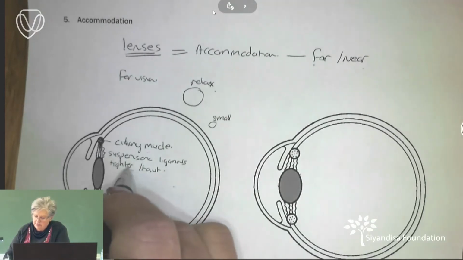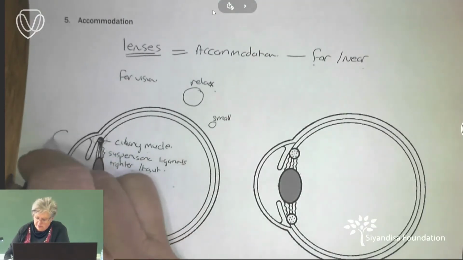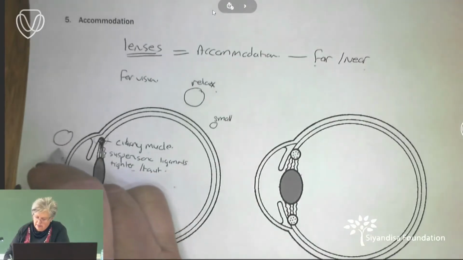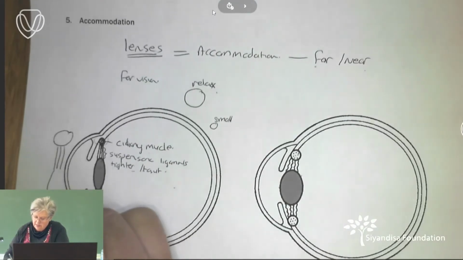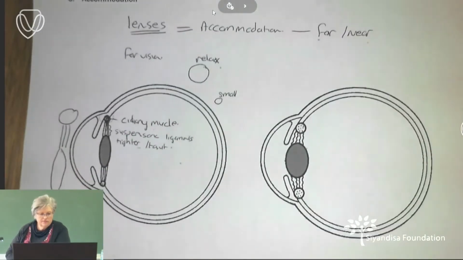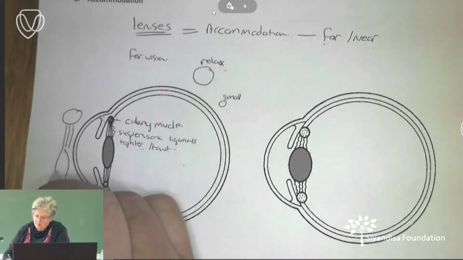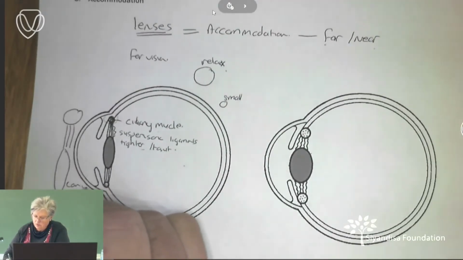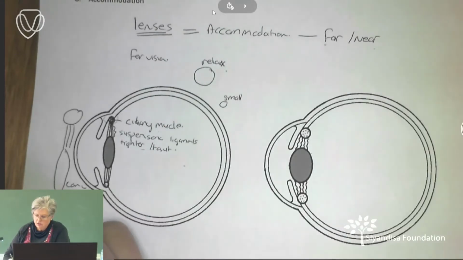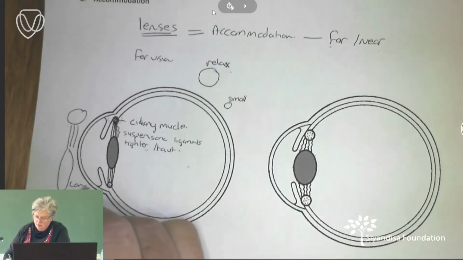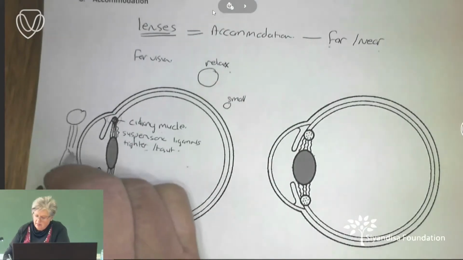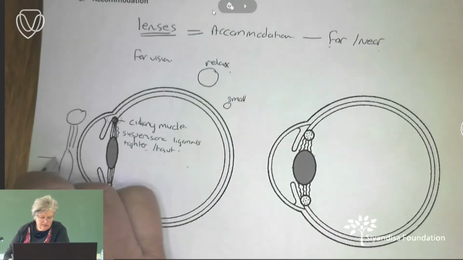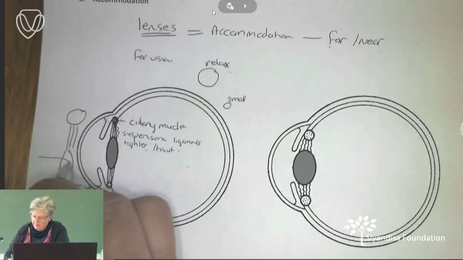And when this happens, the ciliary muscle relaxes and becomes bigger. As it becomes bigger, the ligaments stretch, and as they stretch, the lens becomes flatter, but we don't call it flatter, we call it convex. When the light enters here, the light rays are less bent.